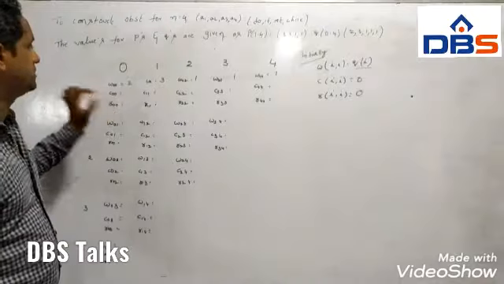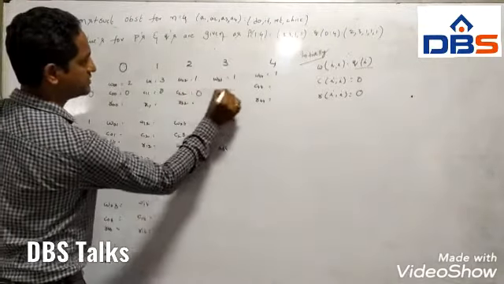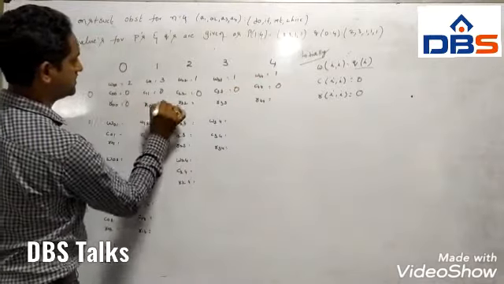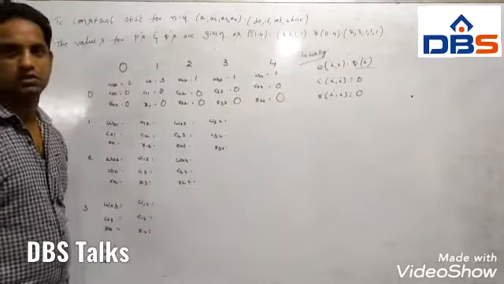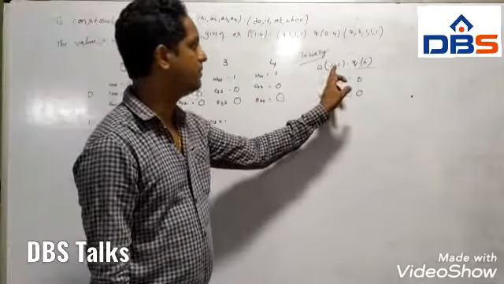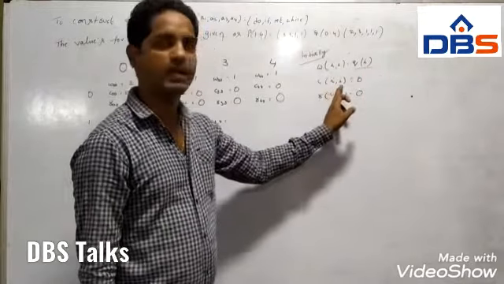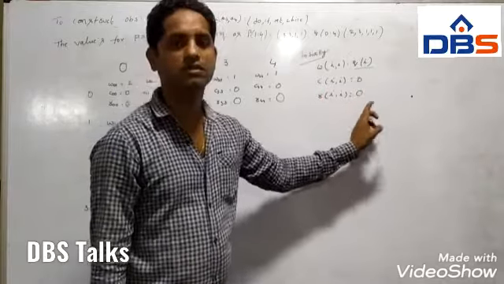C of 0 0 equal to 0, and so on. Okay, initially W of i comma i equal to Q of i, C of i comma i equal to 0, R of i comma i equal to 0.